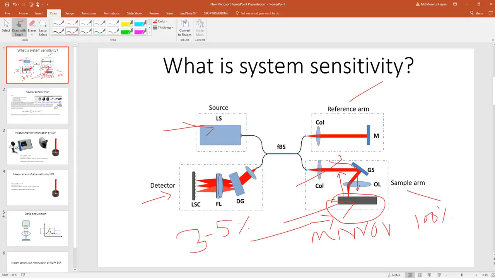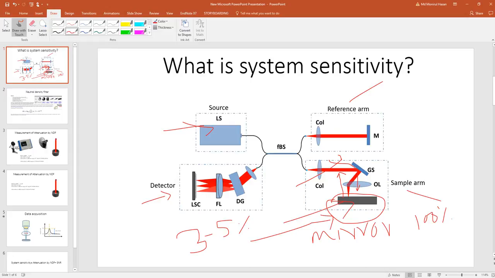So if your system sensitivity is not that high, then when you use a sample, tissue, or brain, the image SNR will not be that good. So it's very important to have a good system sensitivity, usually around 100 dB.